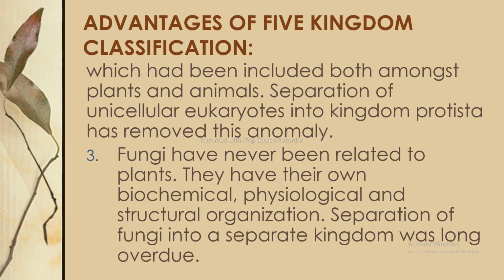Separation of unicellular eukaryotes into kingdom Protista has removed this anomaly. Fungi have never been related to plants. They have their own biochemical, physiological and structural organization. Separation of fungi into a separate kingdom was long overdue.